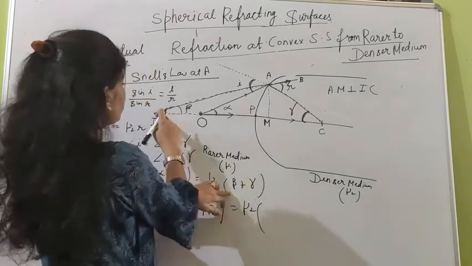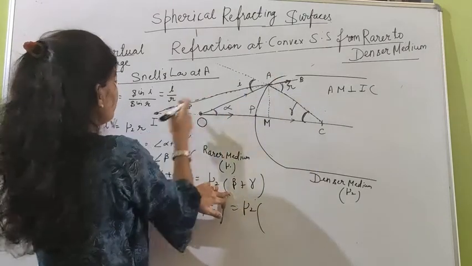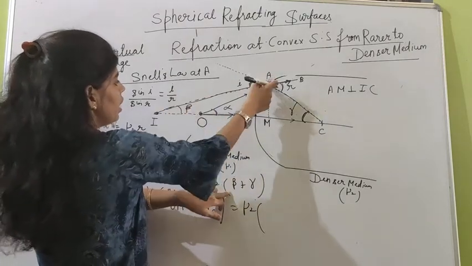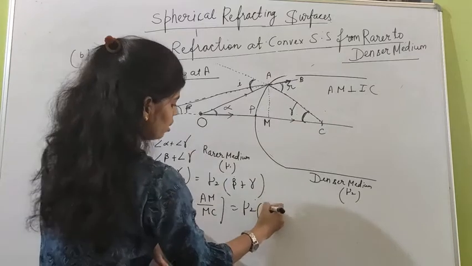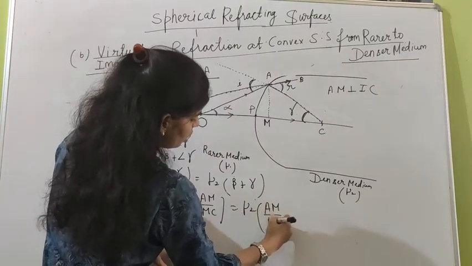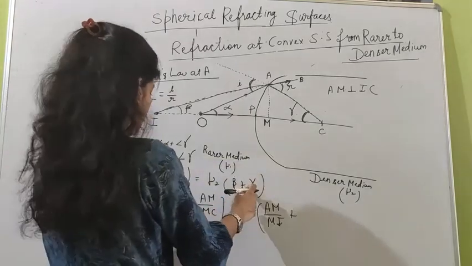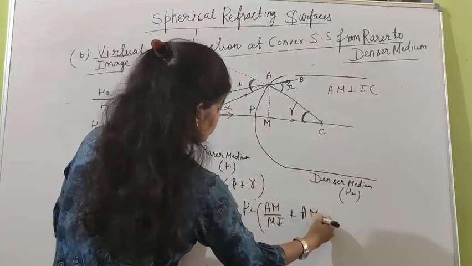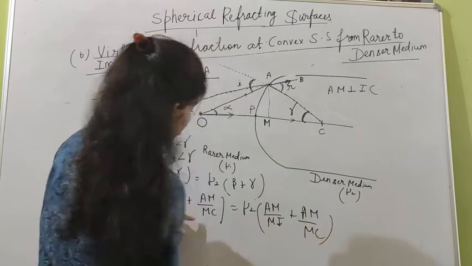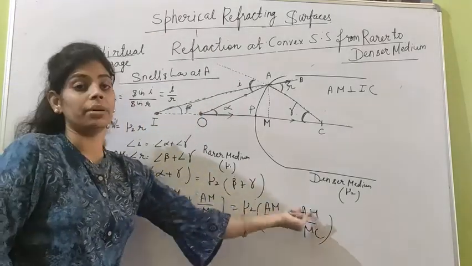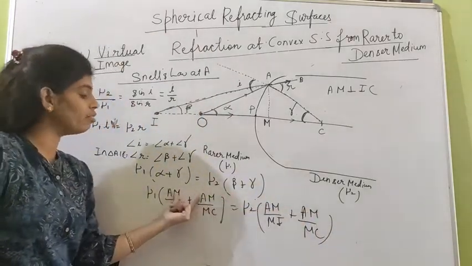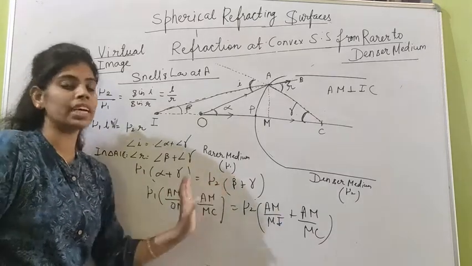Beta, in triangle AIM, is AM by MI, plus gamma, again AM by MC. From both sides AM is common and it cancels out.